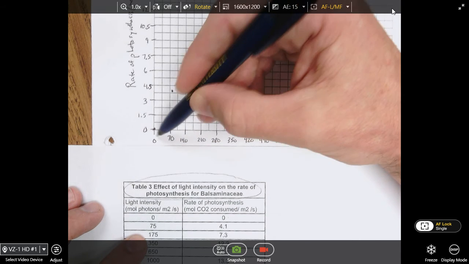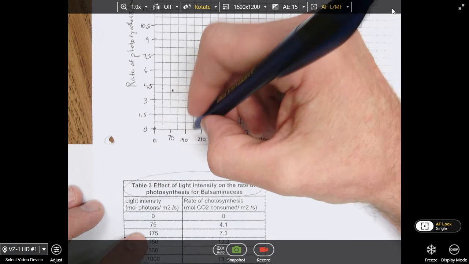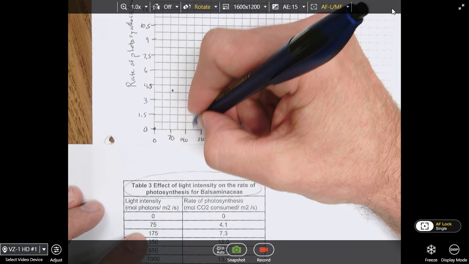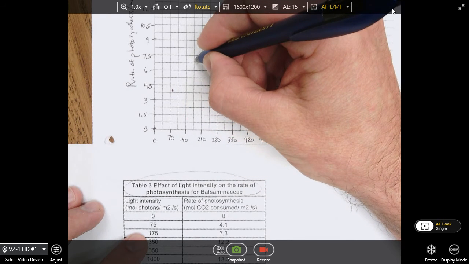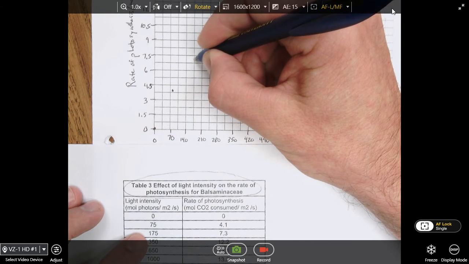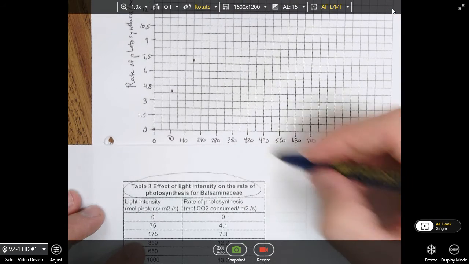And then again, it's over to your X and up to your Y. I'd go up to where 7.3 is, so I follow this 175 line and I stop at under 7.5 because it's 7.3. And I put a dot there. And then I keep going.